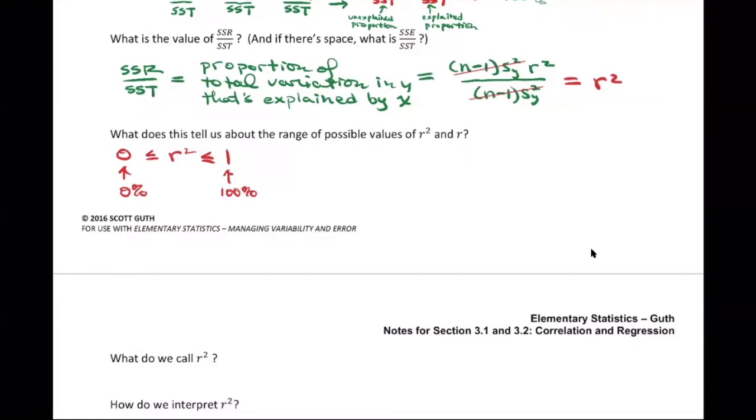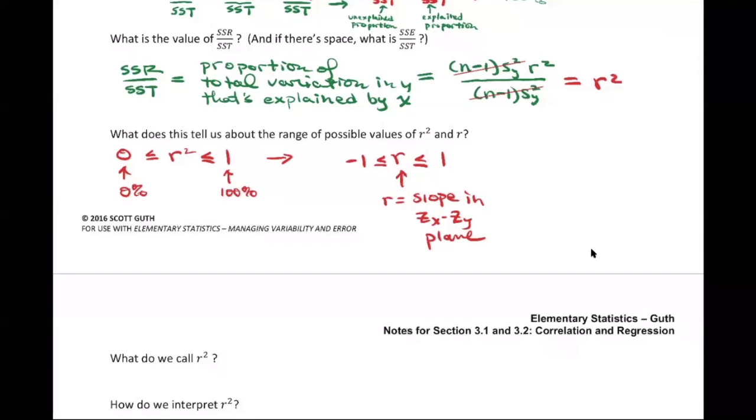Now if r squared is between 0 and 1, that means r is going to be between -1 and +1. Remember, some of these lines go downhill, and r was the slope of the line in the ZX, ZY plane.